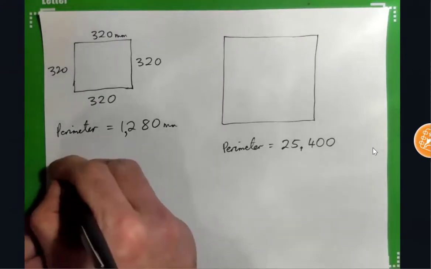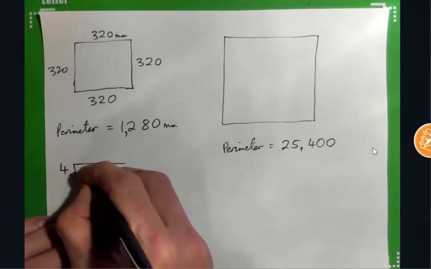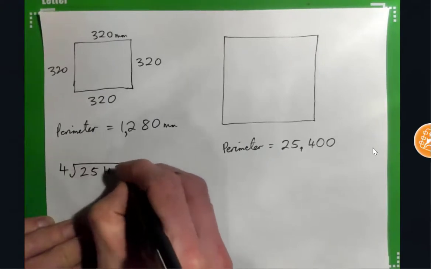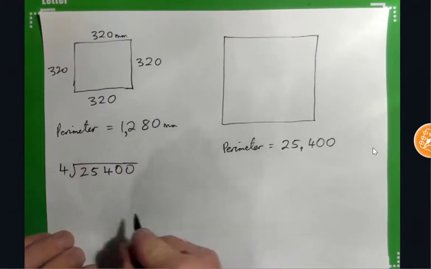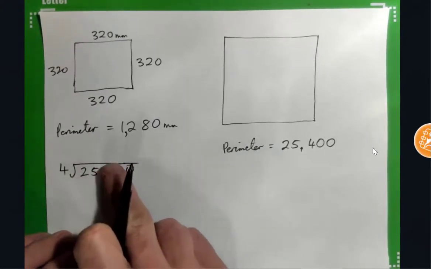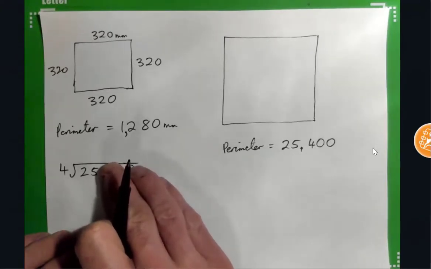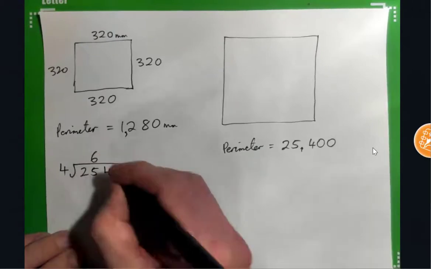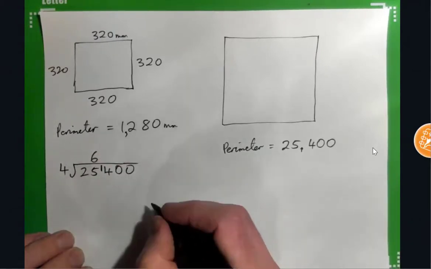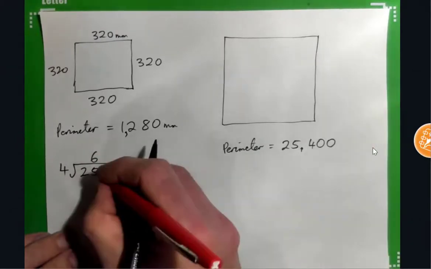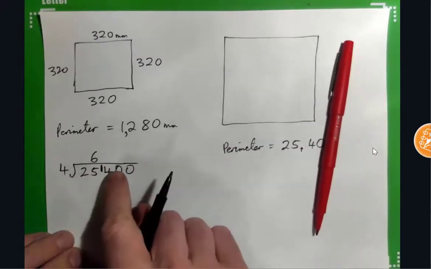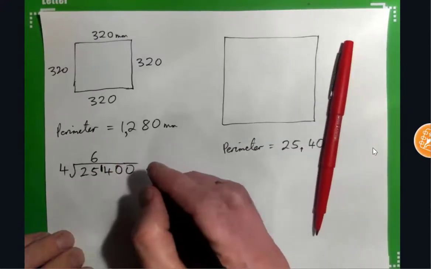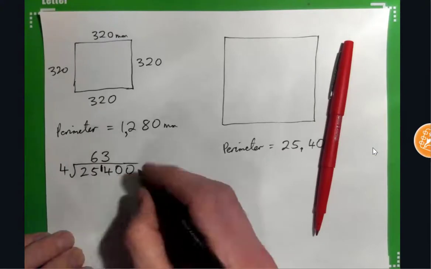Yeah, absolutely. 4 into 25,400. 4 into 25, 6 times is 24, remainder 1. Bring down the 4. 4 into 14, 3 times, because 3 times 4 is 12.